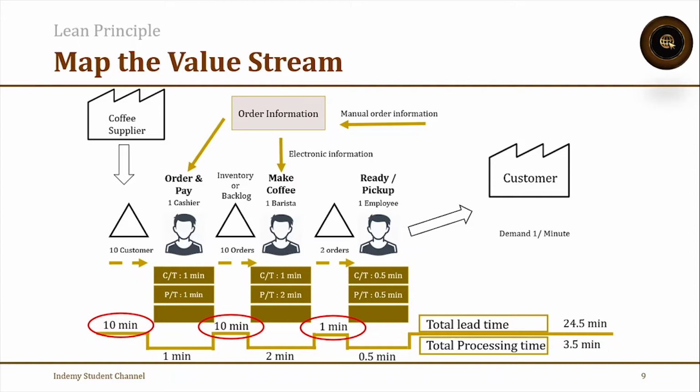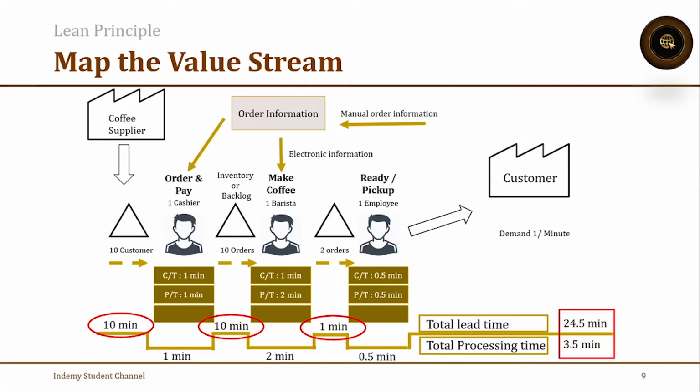So in this process, we find the waste of waiting. So we can see the total lead time and the total processing time is very different. 24.5 minutes and 3.5 minutes. So the total lead time already includes the waste of waiting.